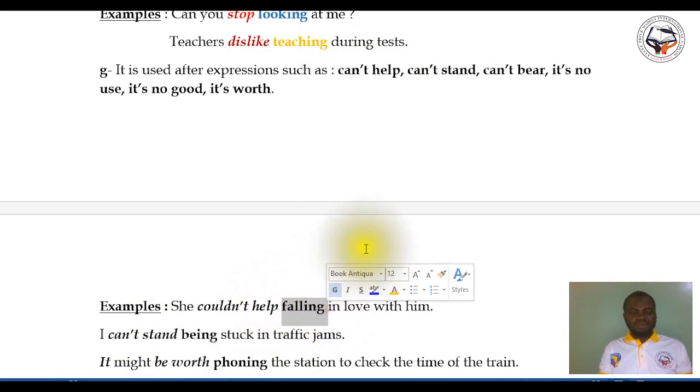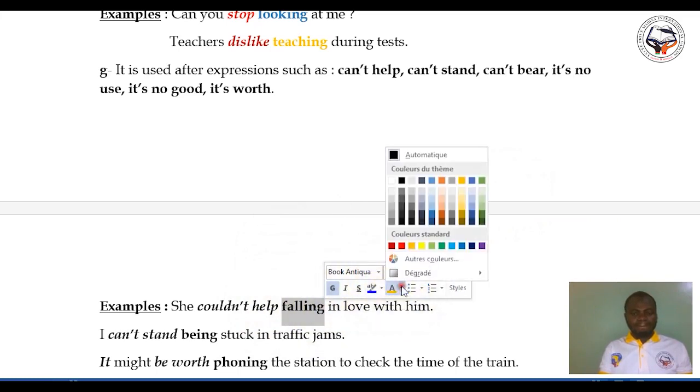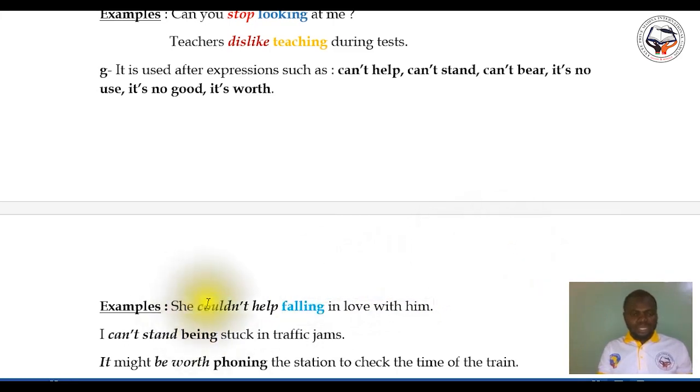She couldn't help, let me put the gerund in color. She couldn't help falling in love with me. Okay, and can't help is the expression as it is written here. I can't stand being stuck in traffic jams.